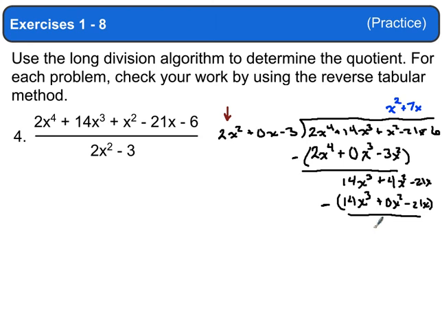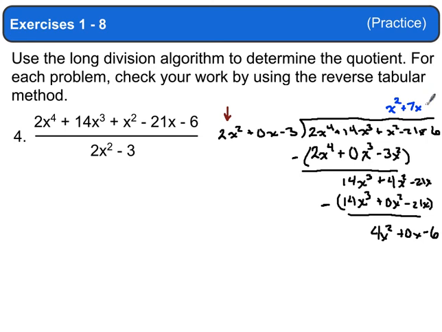4x squared minus 0x squared, we're going to get 4x squared, and negative 21x minus negative 21x is going to give us a 0x. So we're going to put a plus 0x and bring this minus 6 down to the bottom. And so then this will be the last time that we have to do this. 2x squared goes into 4x squared 2 times.